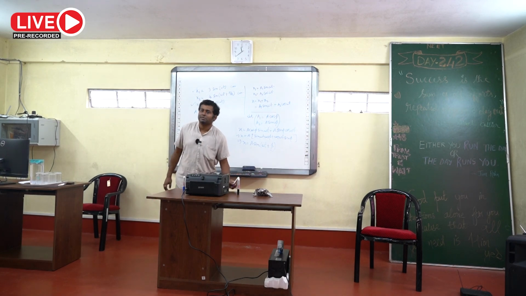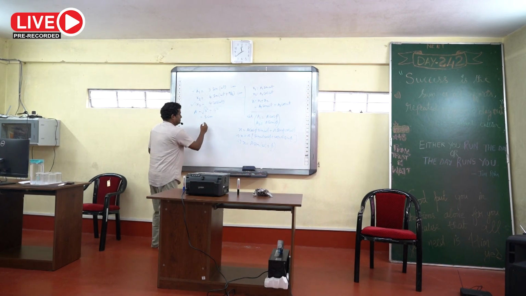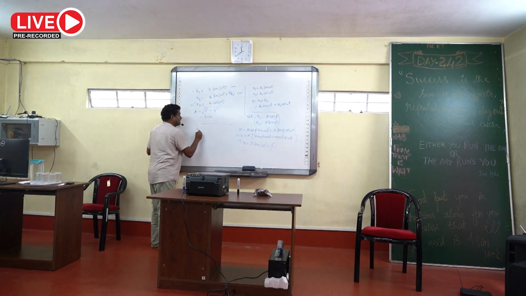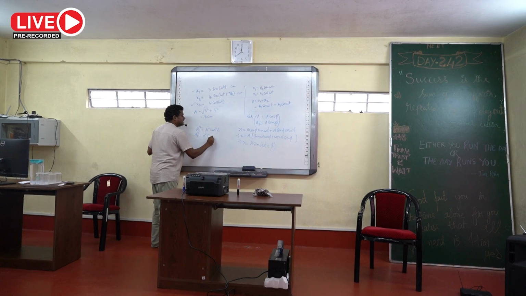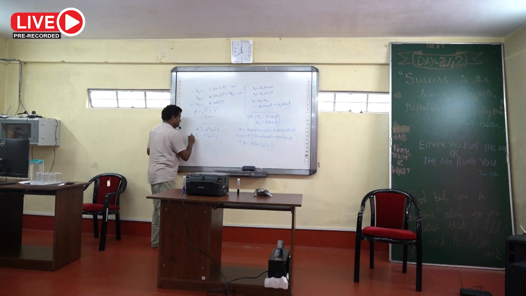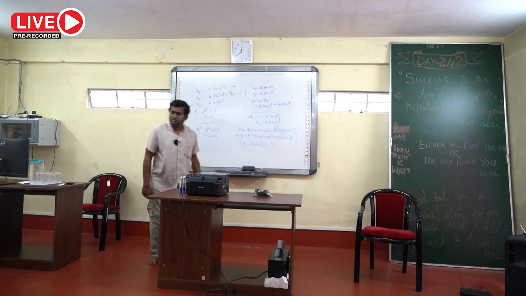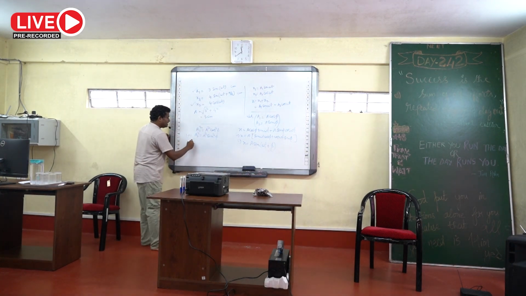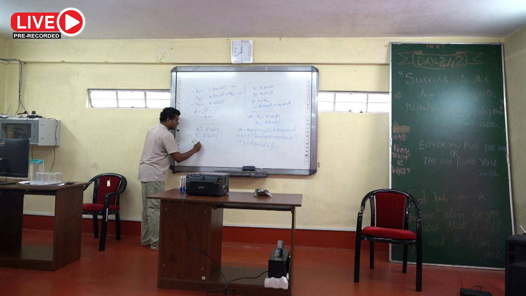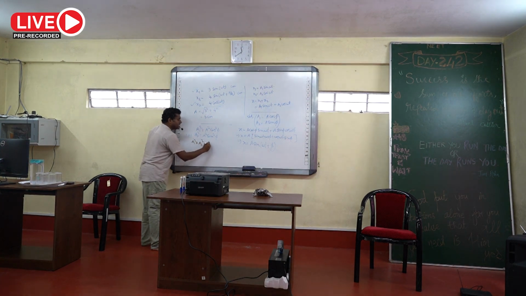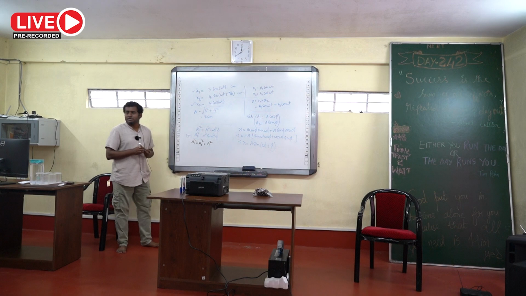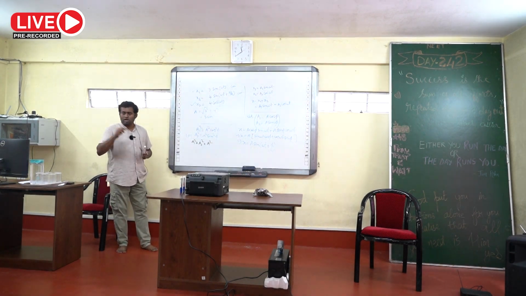You will get the value of capital A. How? a1 square equal to A square cos square phi. a2 square equal to A square sin square phi. Add them. What will you get? a1 square plus a2 square. And this will be A square only, because cos square phi plus sin square phi is 1.